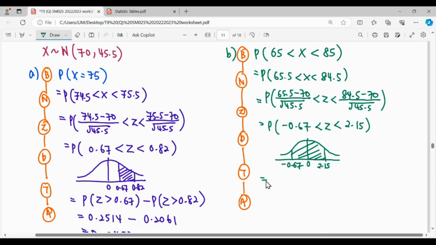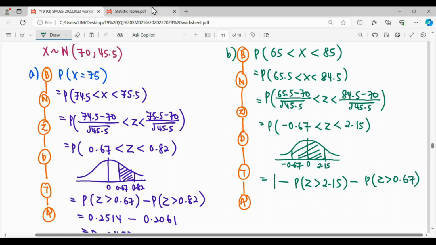To find from the table, we always read the tail part of the distribution. So we have this right tail table, and the left tail also reads as a positive value. To get this region in the middle, we take the overall region, where the total probability is 1, and minus off the right tail of 2.15 and the right tail of 0.67. So the negative value will be read as a positive value.